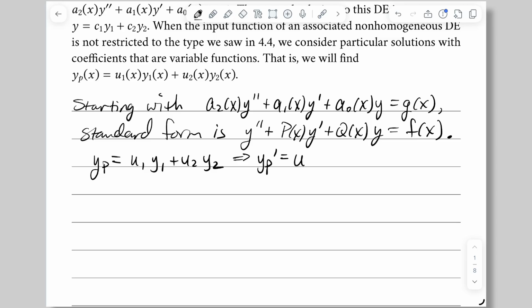yp prime is u1 prime y1 plus u1 y1 prime, using the product rule, likewise, plus u2 prime y2 plus u2 y2 prime.